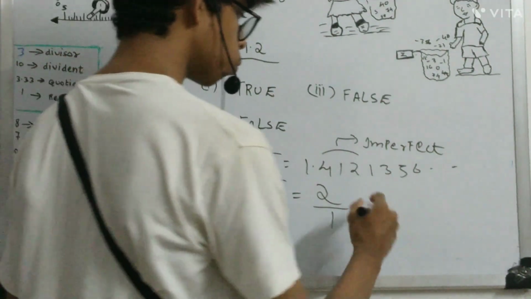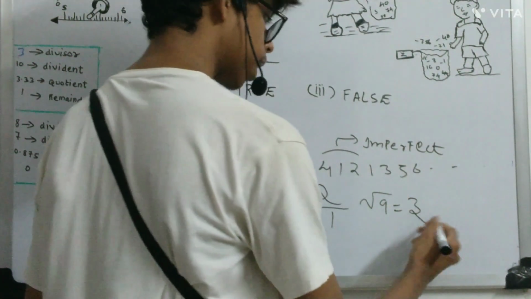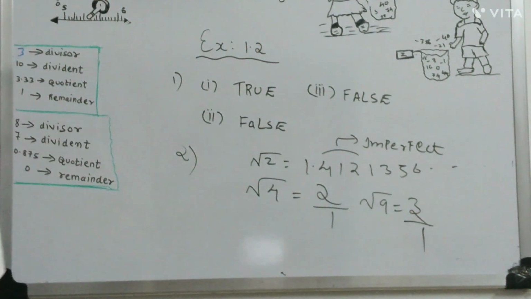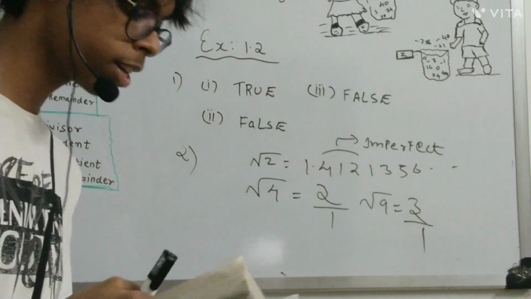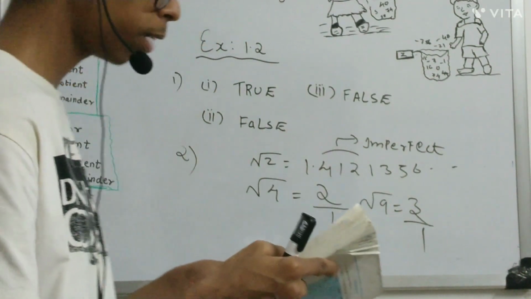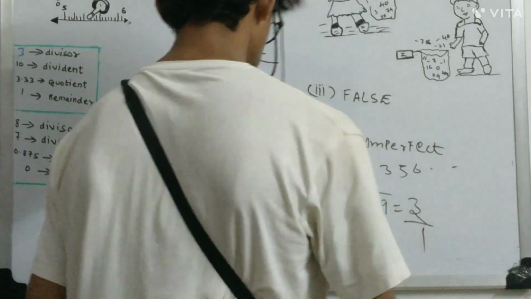Similarly, if I ask you root 9, which is equal to 3, it can also be written in the form of p by q. So definitely the square roots of positive integers cannot all be irrational numbers.